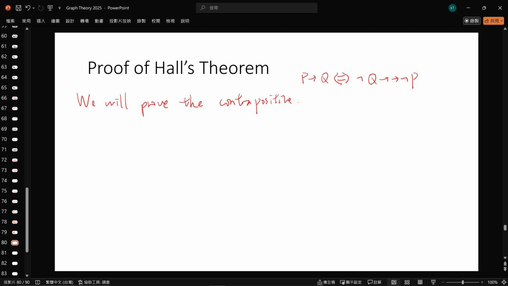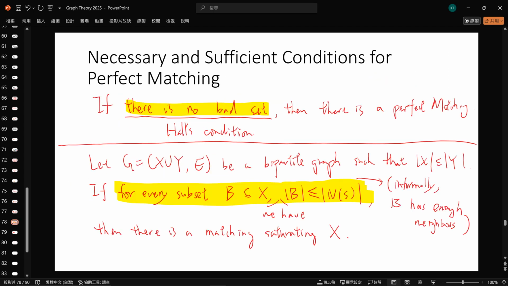So to find a contrapositive, we have to find the negation of the statements here.